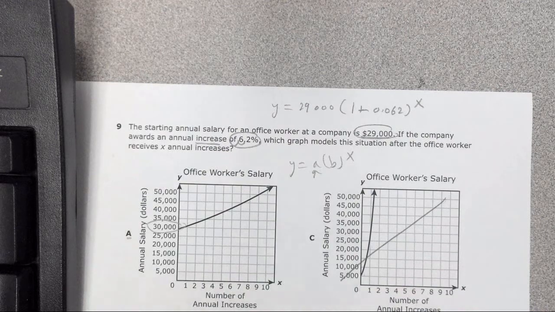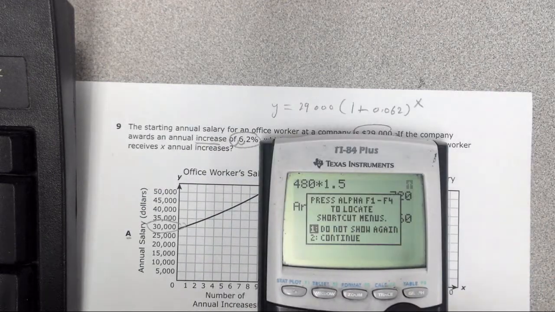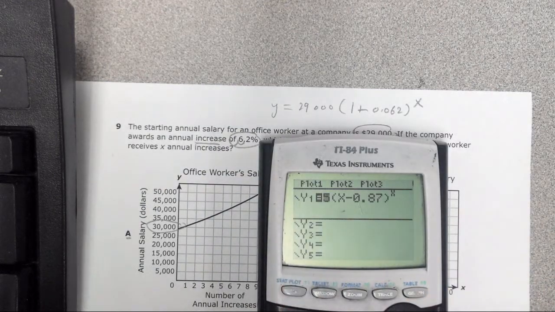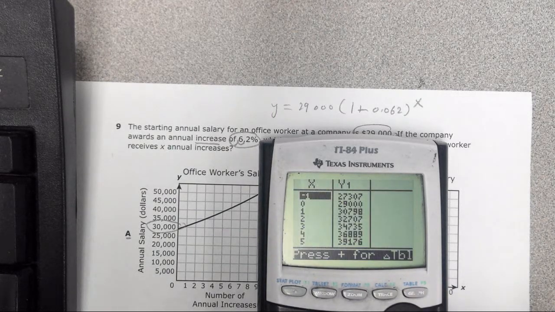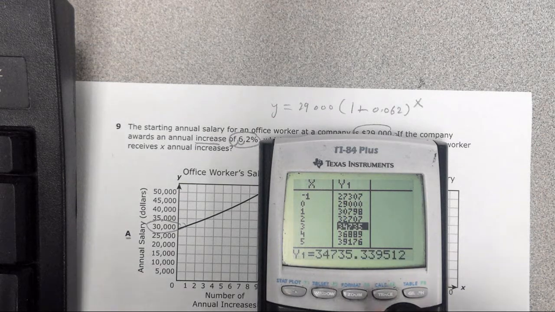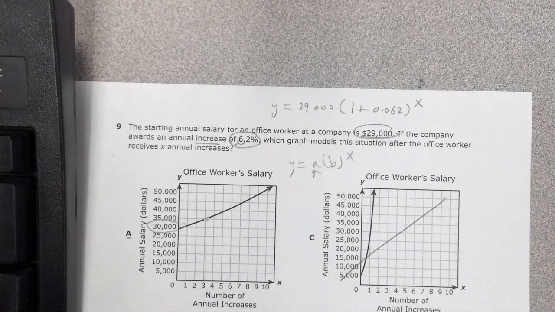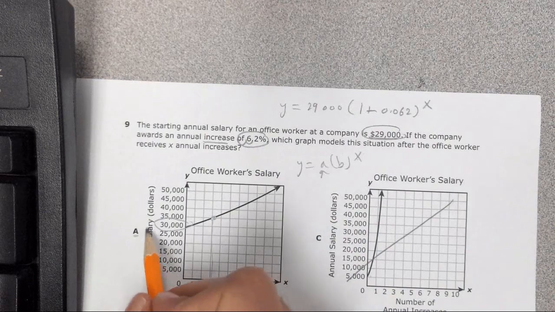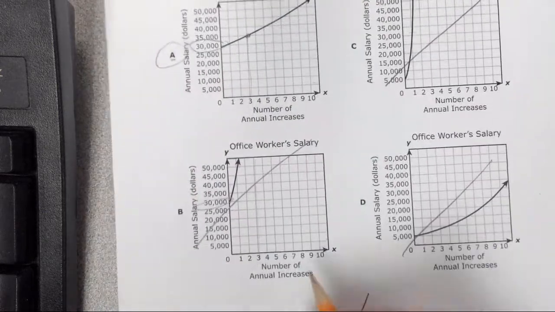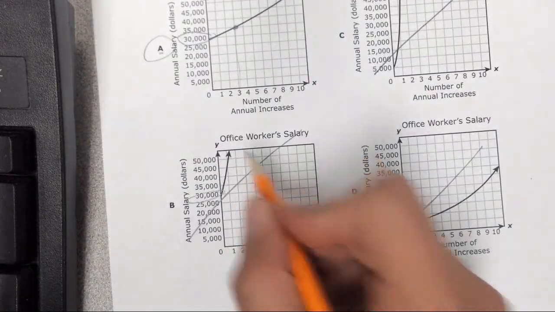Now I go to my calculator. $29,000, open parentheses, 1 plus 0.062, and on top of it is an x. Then you go to the table. And it says 3 is like 35,000. 3 is 35,000. The answer is A. This one, 3 does not go with 35,000.